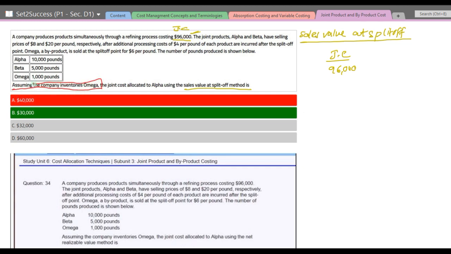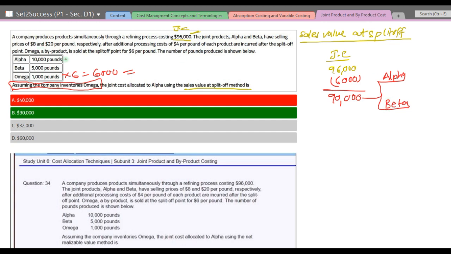If the company inventories omega, this means the sales value, which is 6 per pound, which is 6,000, must be deducted from the joint cost. If we deduct the byproduct omega, which comes to 6,000, the joint cost that must be allocated to alpha and beta is 90,000.